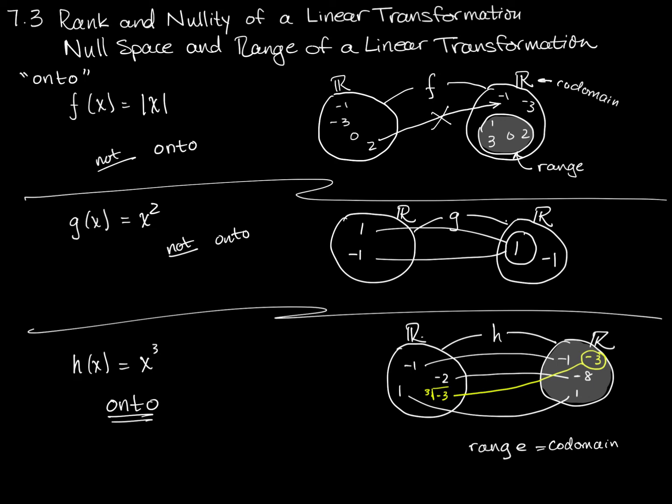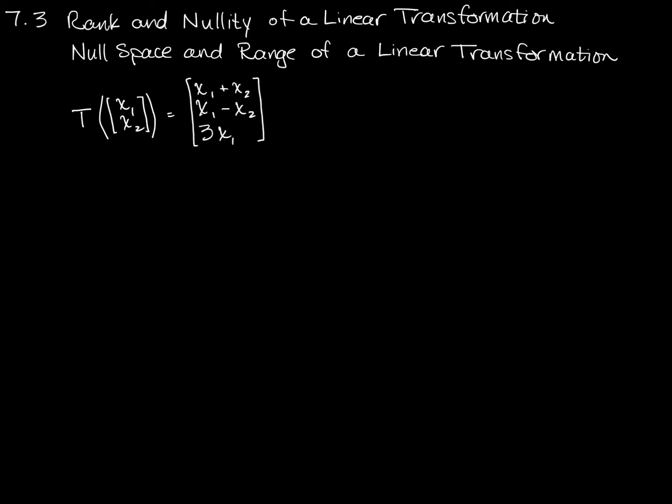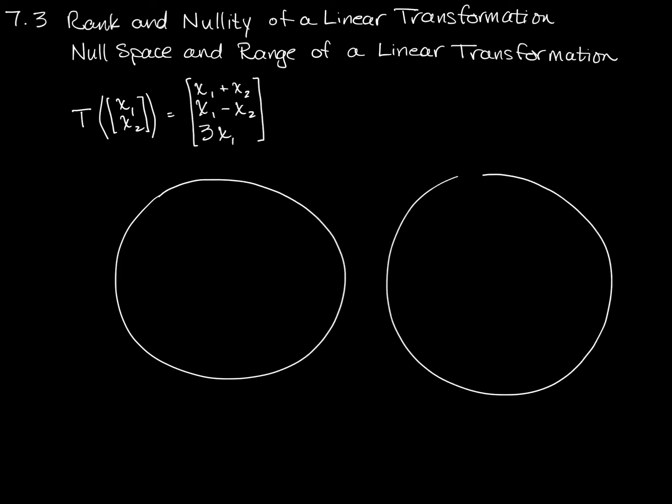All right, let's use this information to see if we can figure out whether our transformation is onto. Okay, here's my transformation again. And my question is, let's do our diagram here. I'll do a bigger version of it. The domain is R2, and my codomain is R3, right?